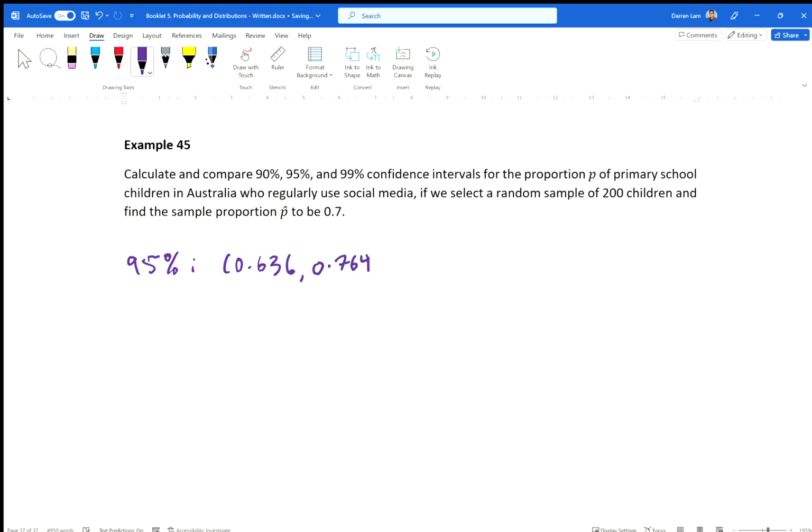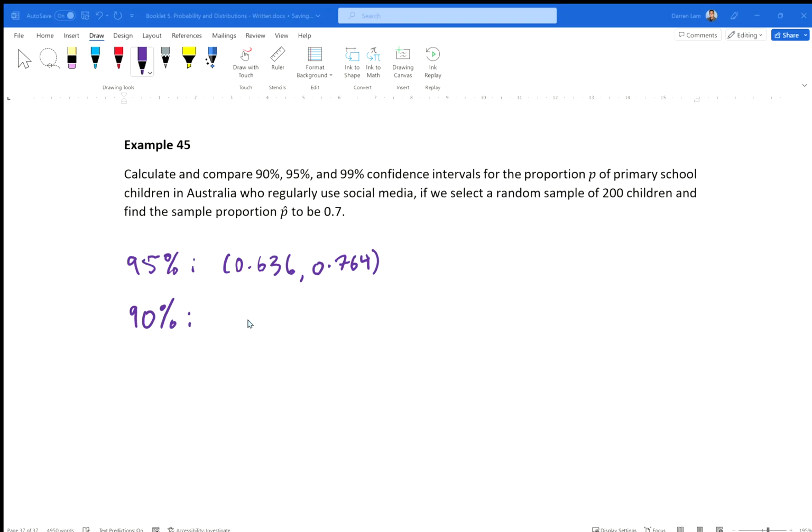I've just copied that from above. Let's go with the 90% one. I can go in my calculator, put in my inverse norm, and change this 0.1. We're going to make that 0.05, because it makes sense that it's 5% on each side. So that gives us negative 1.645, rounded to 3 decimal places.